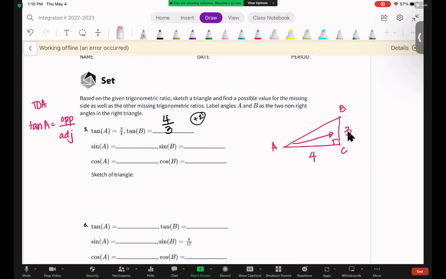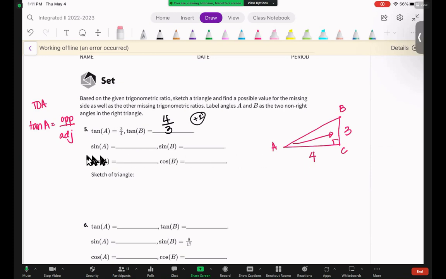For me, it totally makes sense, because if tangent is defined as opposite over adjacent, his opposite is 3 over 4. And then if you go for opposite of angle B, it's 4 over 3. So this guy's opposite is this guy's adjacent. So to me, it totally makes sense.